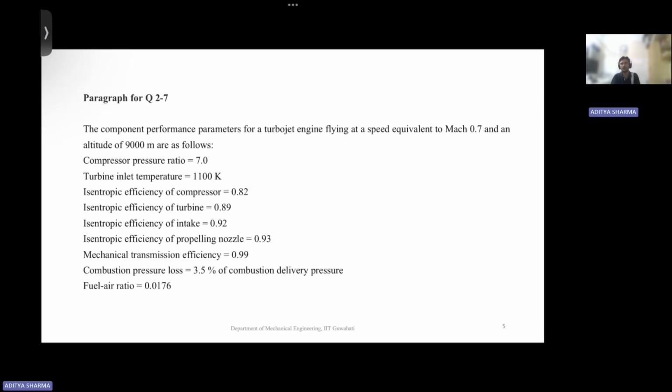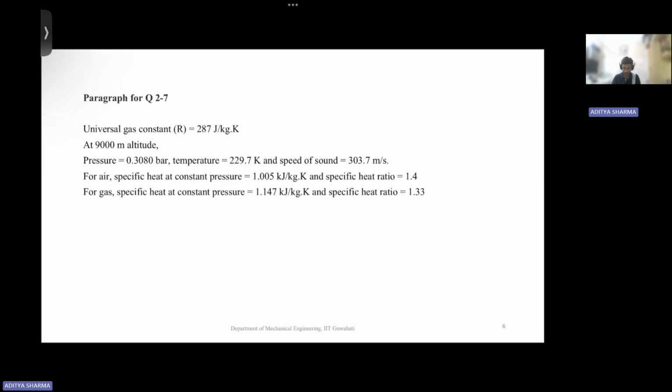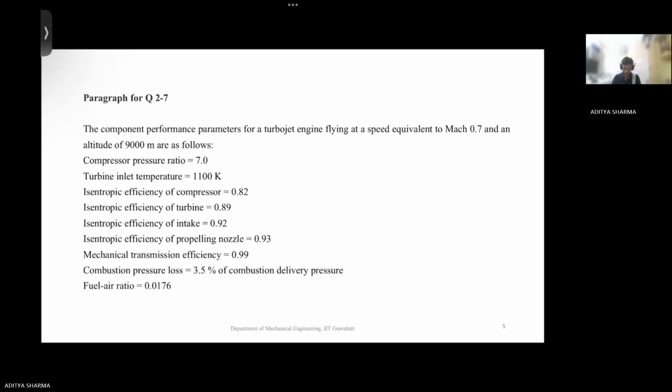So some data has been given, so we'll just jot this down. It's given in 2 slides of data. First, have a look at this data.